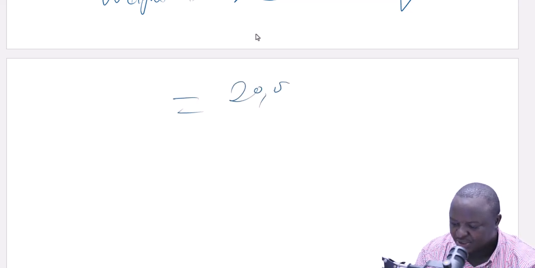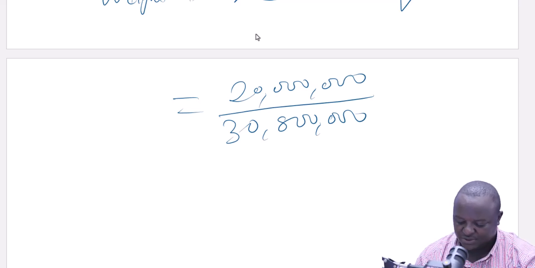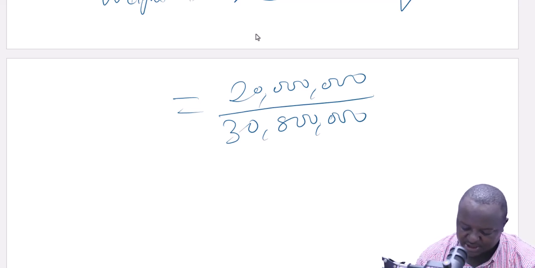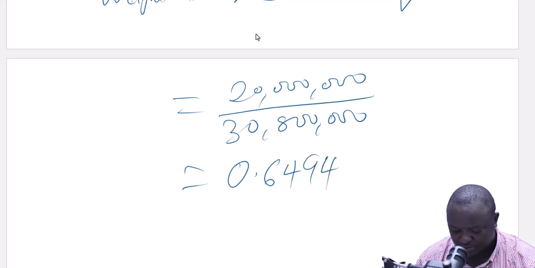So that will be 20 million divided by 30,800,000. Let me use my calculator. 20 million divided by 30,800,000, you will get 0.6494, rounded off to 4 decimal places.